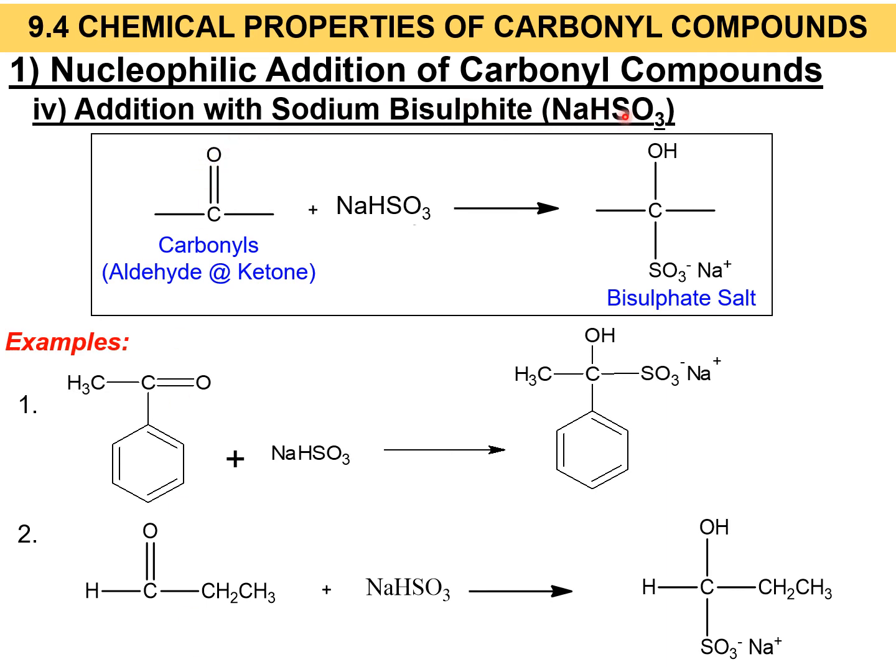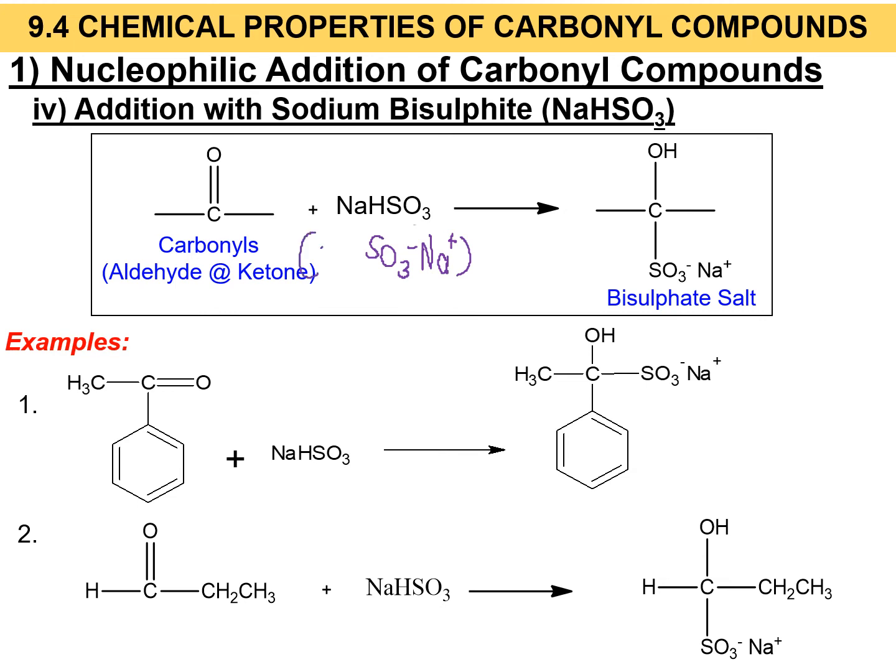Next, nucleophilic addition of carbonyl compounds is with sodium bisulphate, which is NaHSO3. Again, when you want to do nucleophilic addition of carbonyl compounds, no matter what reagent, you have to know what kind of nucleophile in the reagent will be added to the carbon of the C double bond O. In this case, the nucleophile is SO3- Na+.